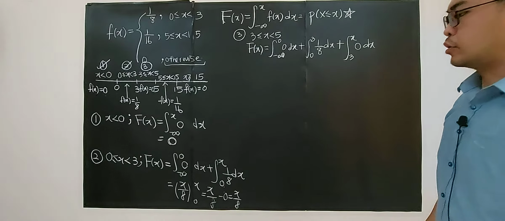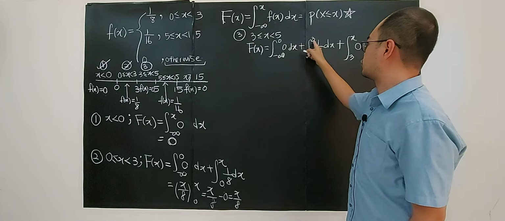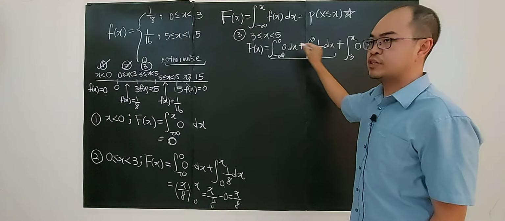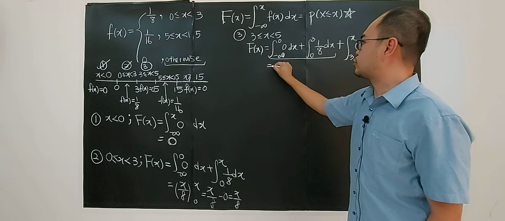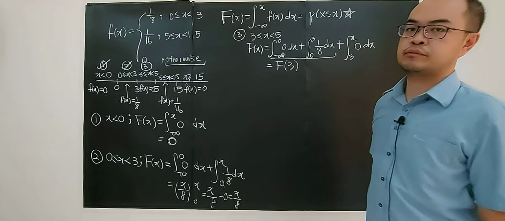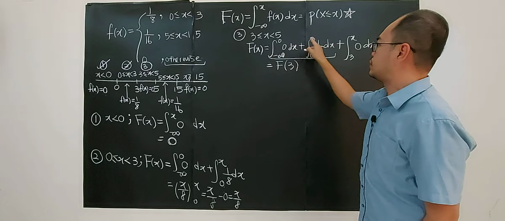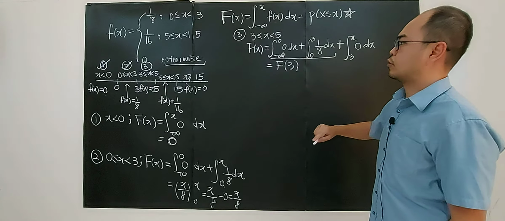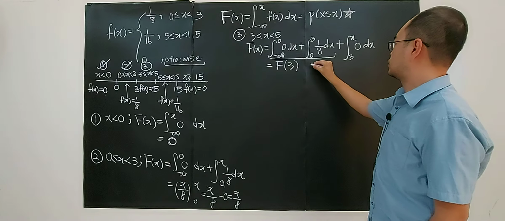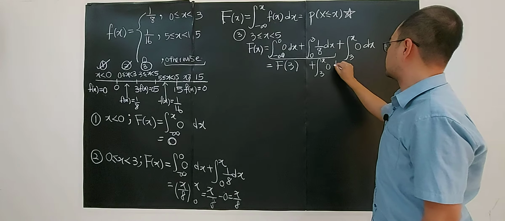Now I'm going to teach you something very simple. It's from negative infinity up to 3 here. For the first two, you can rewrite it as capital F(3), to tell you that this is the probability before 3, so x less than or equal to 3, plus the current interval, 3 up to x, 0 dx.